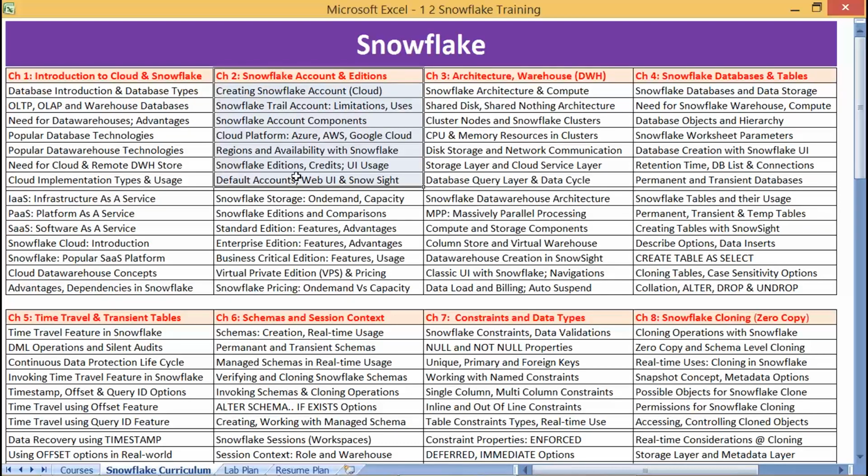We'll understand different options to implement, practice, and use Snowflake in the real world: various account creation options, working with different editions, and their differences. We'll slowly understand the architecture of Snowflake, mainly to store big data with something called Snowflake clusters. We'll understand databases, tables, and data.